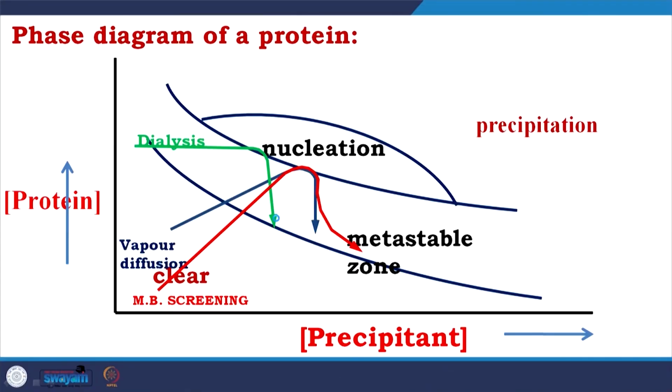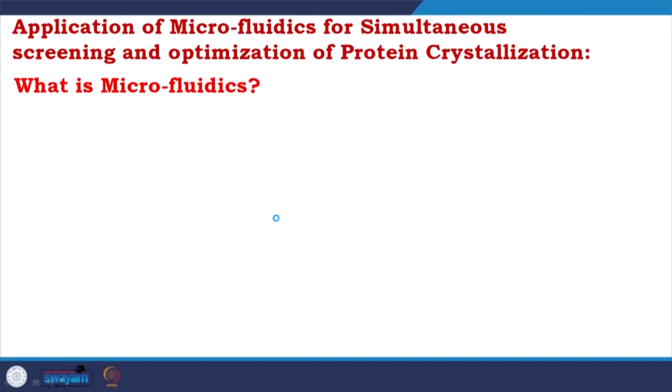So, these were the talks on phase diagram and its importance. And now, I am taking you towards a very interesting application of microfluidics for simultaneous screening and optimization of protein crystallization, which is kind of a crystallographer's dream.